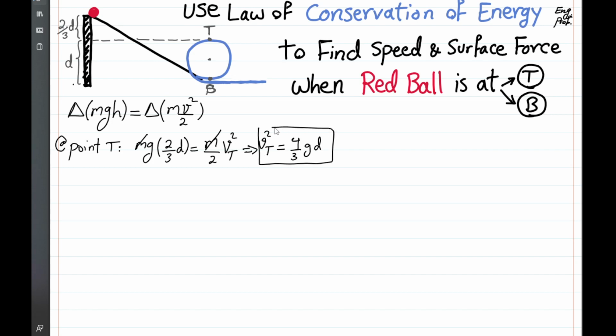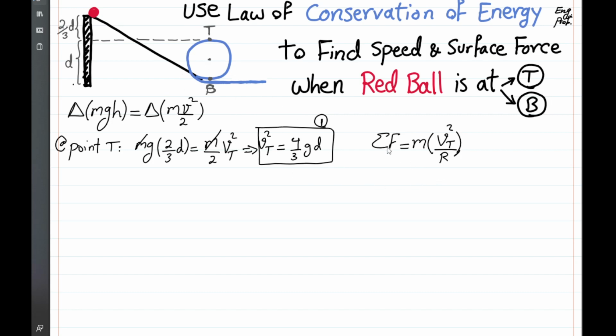We're going to use this, and also I'm going to use Newton's laws of motion, the famous equation that sigma F is equal to m times acceleration. In this case, acceleration at point T is just speed at that point squared divided by r, assuming that the ball is rotating along the circle shown here.